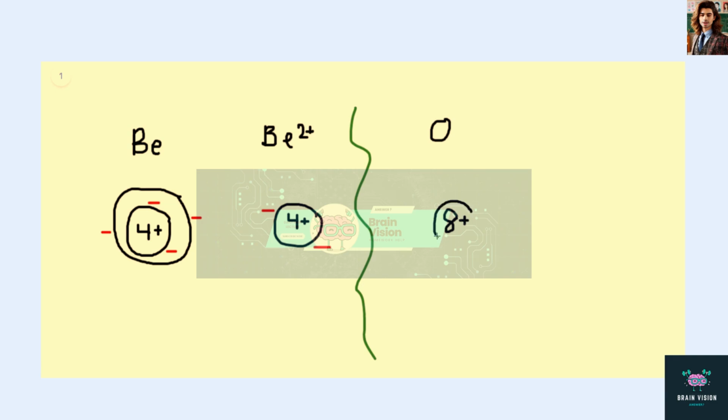The first energy level, once again, can only have a maximum of 2. The next energy level can have a maximum of 8, but it only needs 6 more in a neutral atom.